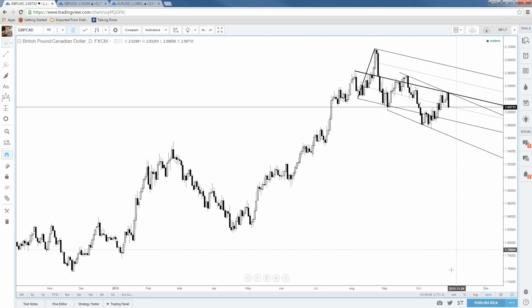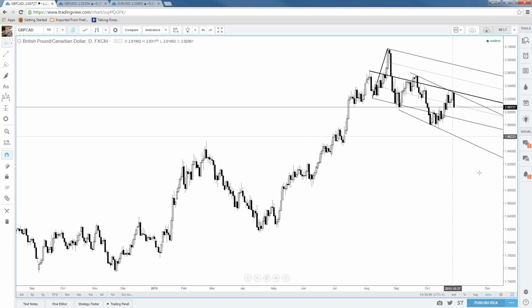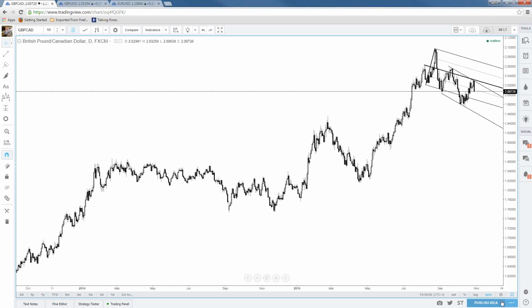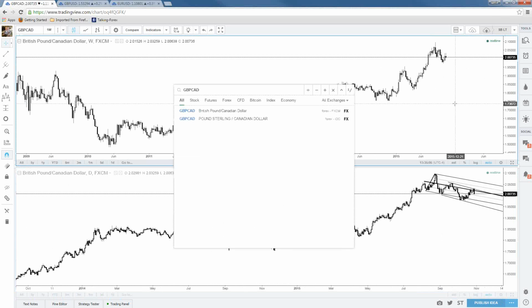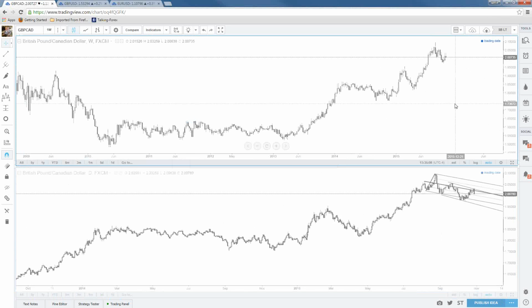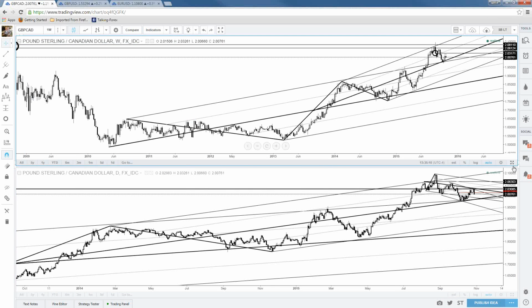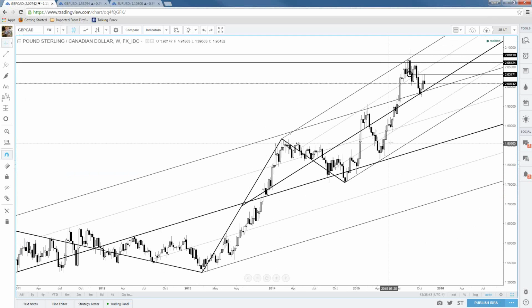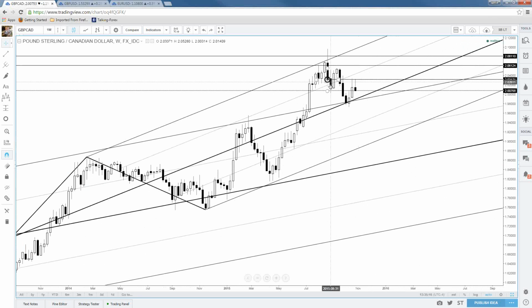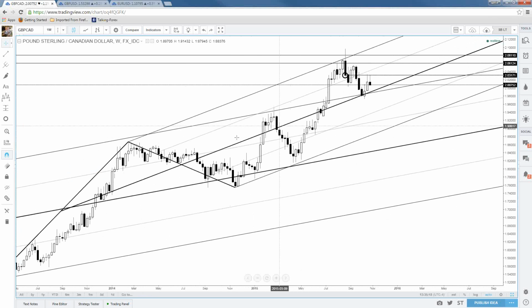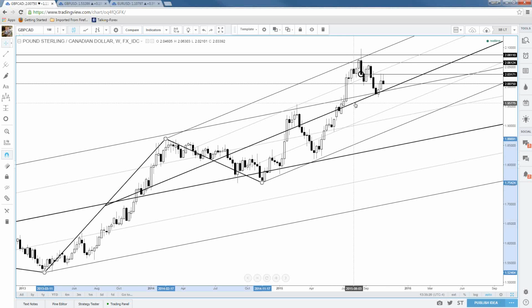And just to give you an idea on pound CAD, how far this thing might be able to go, let's look at, I've got some longer term slopes on here. So we've bounced here from some old resistance and a median line.